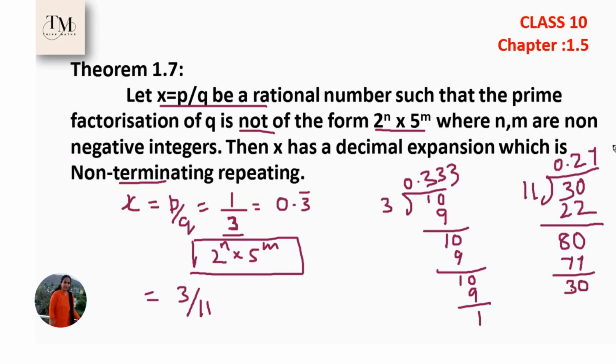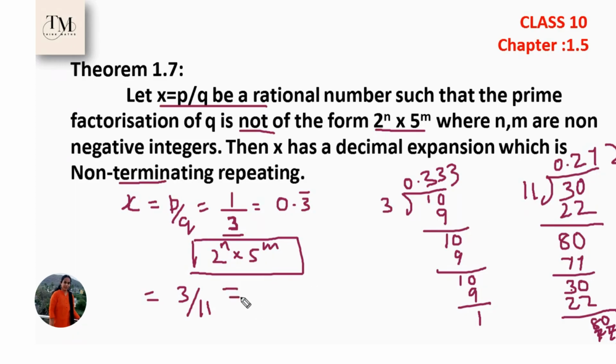Adding 1 0, 2 into 11 will be 22. Again 8 will be the remainder. So again 80, that is 7, 77. The remainder will be 3. So this will go on without end.